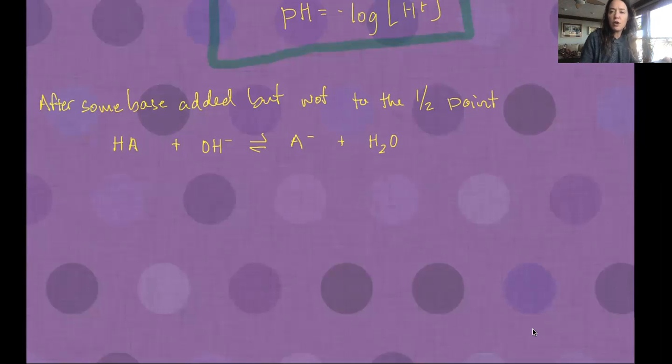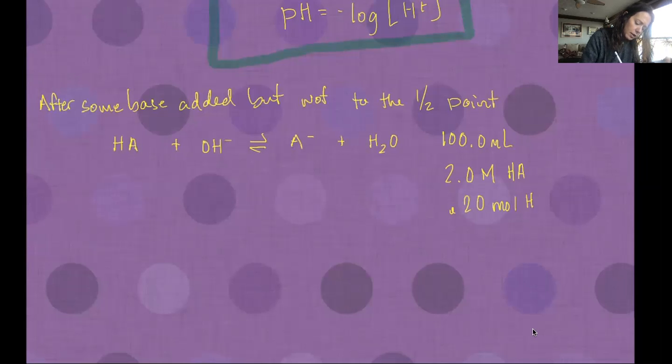Now, we have a volume. This time we'll have 1.0 milliliters of a 2.0 molar HA, and we can see that that is 0.20 moles of HA.